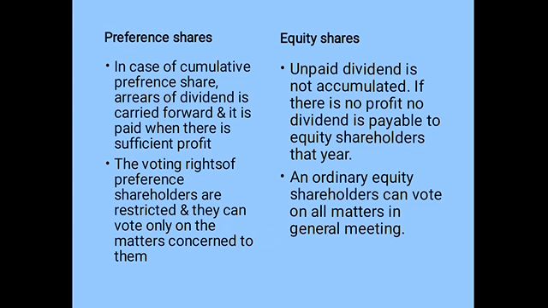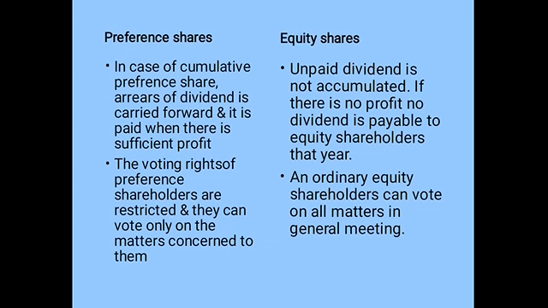Then coming to the preference share voting rights. The voting rights of the preference shareholders are restricted and they can vote only in the matters which concern them. So when it comes to power and authority, the preference shares enjoy very little power here. That is, voting right is not given to them. The voting right is restricted.